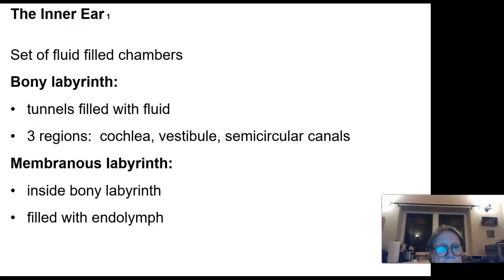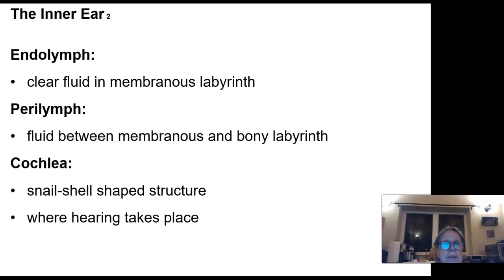The membranes inside the bony labyrinth are filled with endolymph. What you need to remember out of this is the cochlea, the snail-shaped structure where hearing takes place.